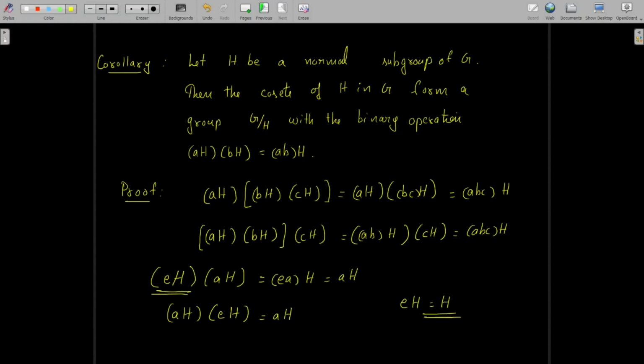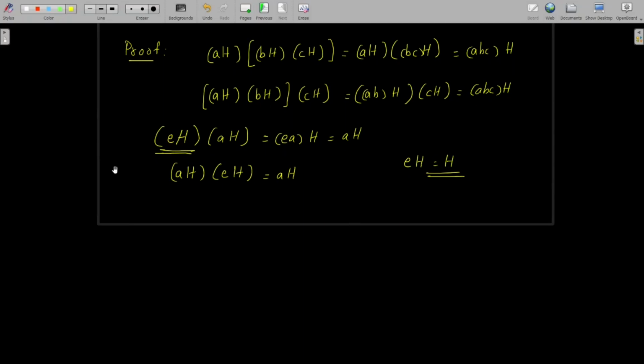Now we have to show that every element in G over H has an inverse which belongs to the group itself. So we will take a coset AH belongs to G over H. Since AH belongs to G over H, the element A belongs to G. So there exists an element A inverse belongs to G since G is a group. So we can consider the coset A inverse H. And what will be A inverse H into AH?